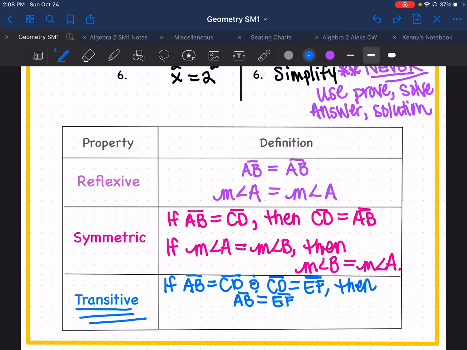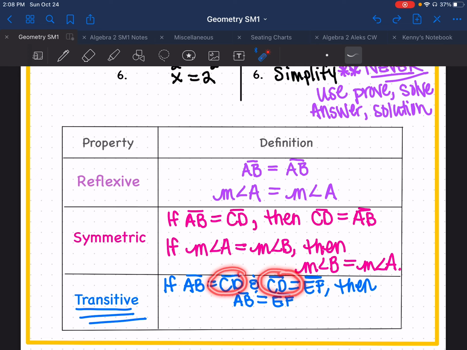Notice what's happening here. Both AB and EF were equal to CD. So the thing that they shared in common was their equalness to CD.